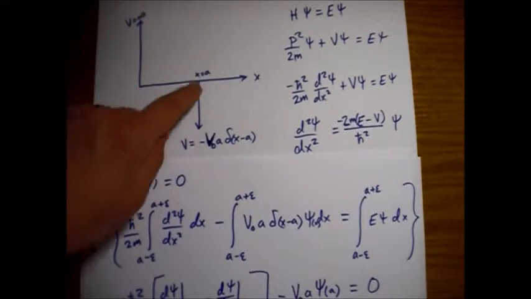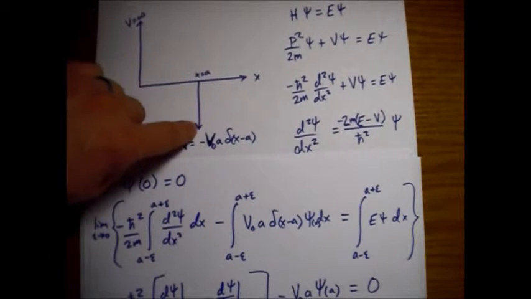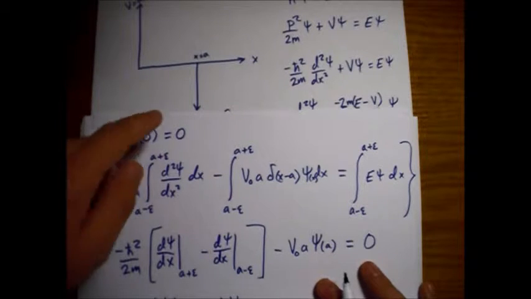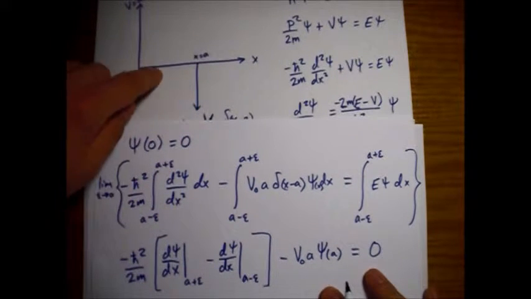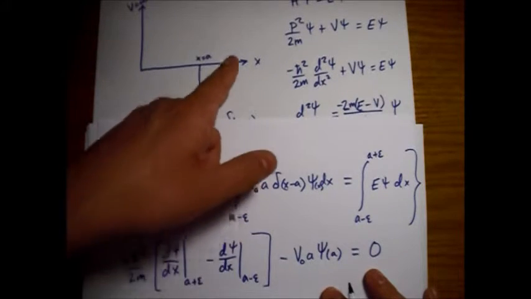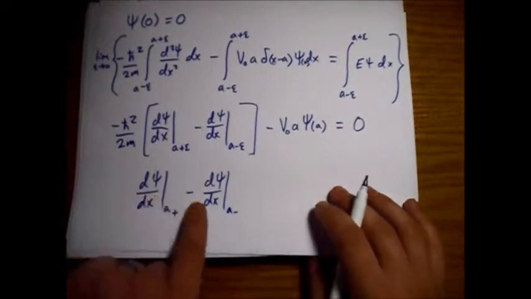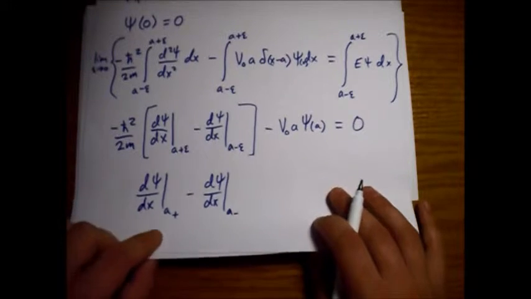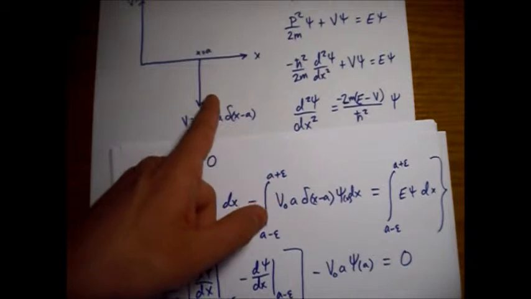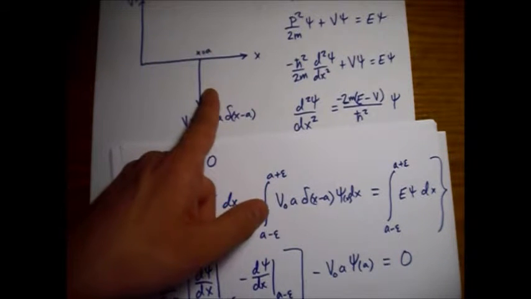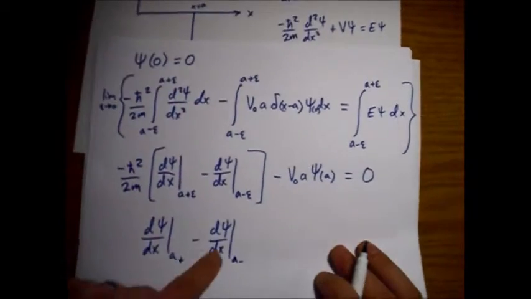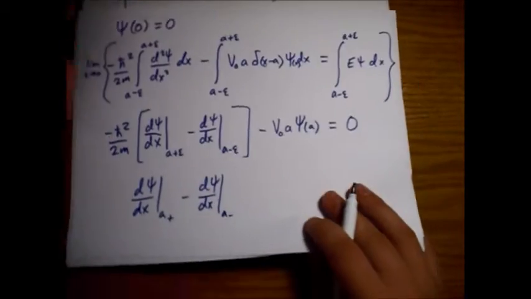Normally derivatives are continuous, except in the case of this discontinuous potential, but the value of the derivative on one side and the value on the other side are going to be related by this. This is the derivative of our wave function on this side of the potential, right at the delta function, and this is the derivative on the other side.